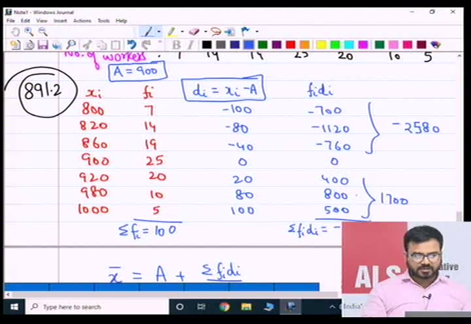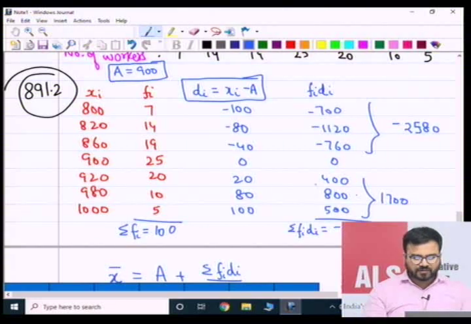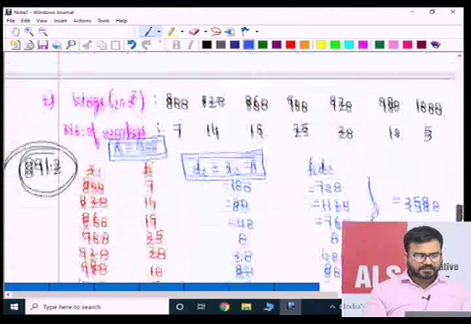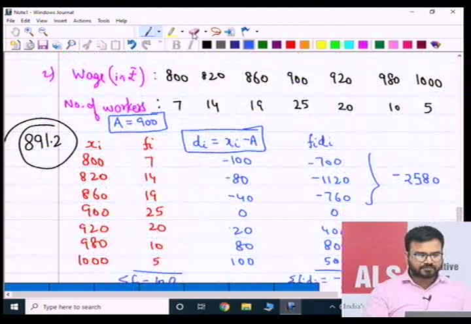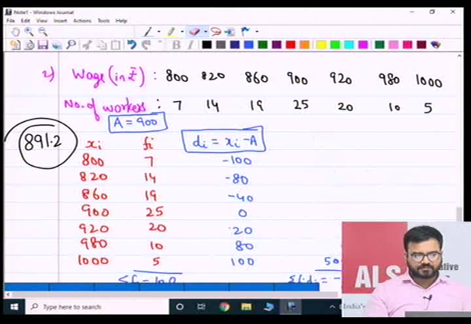I will explain in this question, then you can try one more. The same question we have to do, find the deviation. So let us remove this fidi.